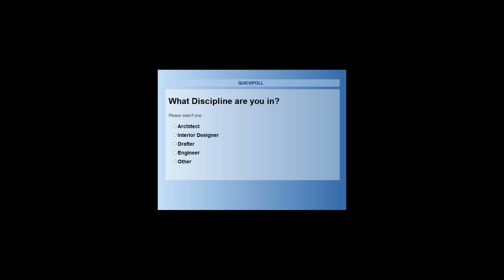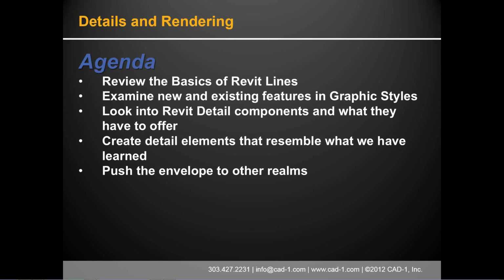With that, I'm going to close it in 3, 2, 1, and then share that for all of you to see. Hopefully you can see that being displayed for you. So we have about 64% architects, 19% drafters, 13% engineers, and 4% other, no interior designers. So we'll see what that is.